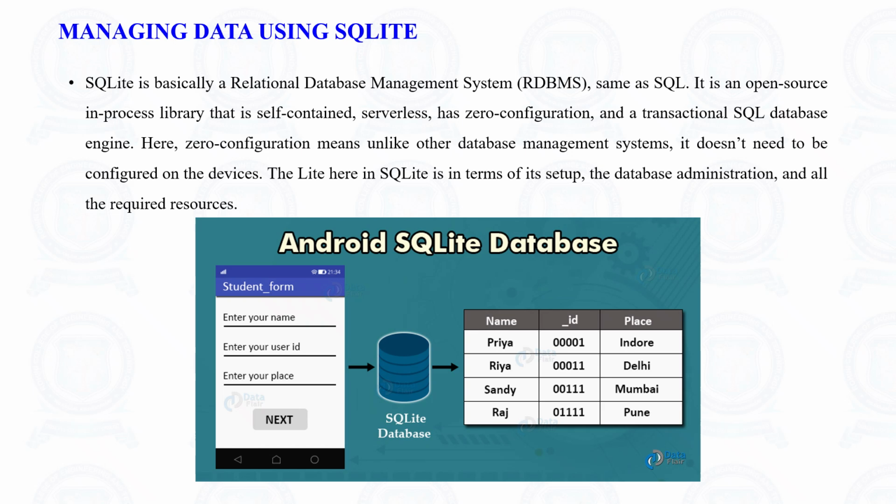When we are using Android, we have the library for SQLite. That's why there is zero configuration. You just put the library file in your header file. That's enough to access the database in Android applications.